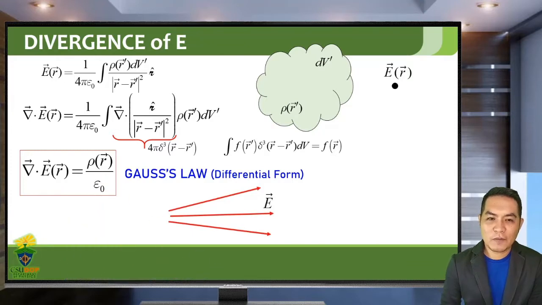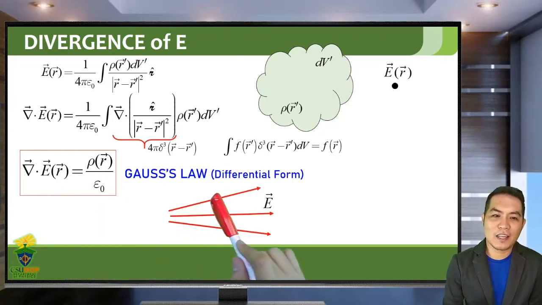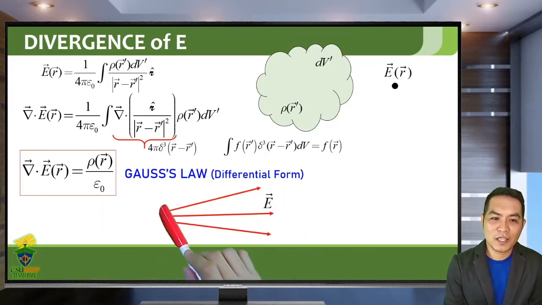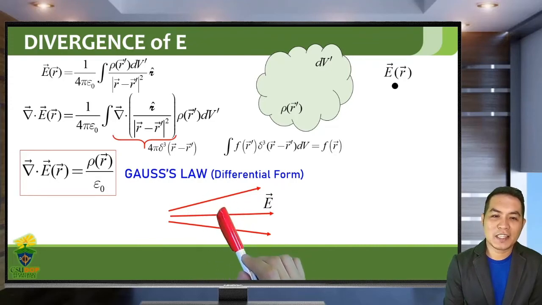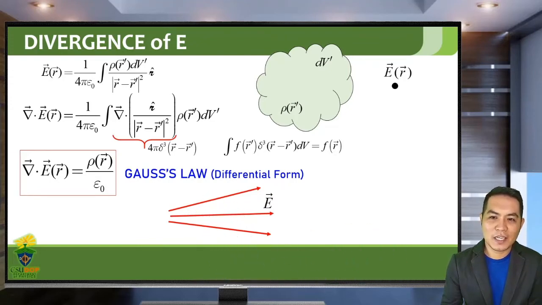So if you see electric field lines and you notice that they have a divergence, then that can only mean one thing, that there is a source of volume charge distribution due to that divergence.